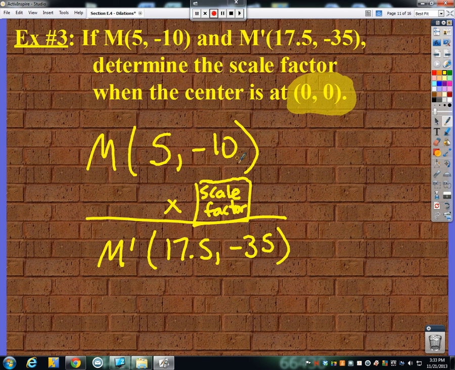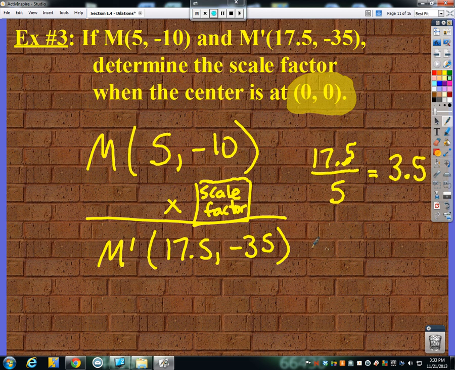So if we want to go backwards, what's the opposite of multiplication? We need to divide, okay? So we're going to take our image, say 17.5, and divide by its pre-image coordinate, which was 5. So 17.5 divided by 5, I get 3.5.